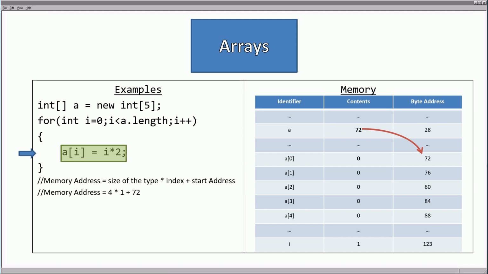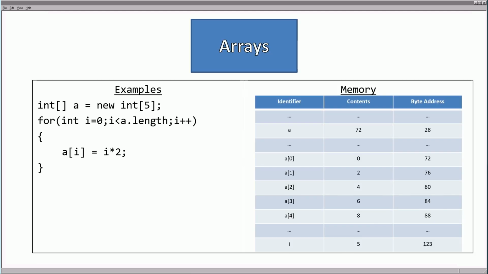So store the value 1 times 2, which is 2, into memory address 76. Increase I by 1. And this procedure keeps happening until we're at the end. And as you can see here, we've assigned all the values into this array: 0, 2, 4, 6, 8.